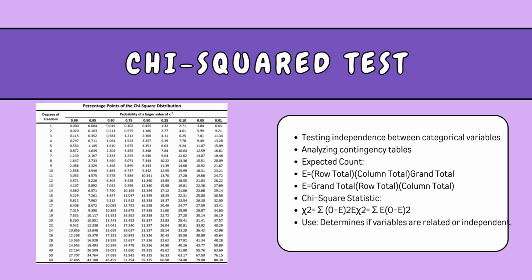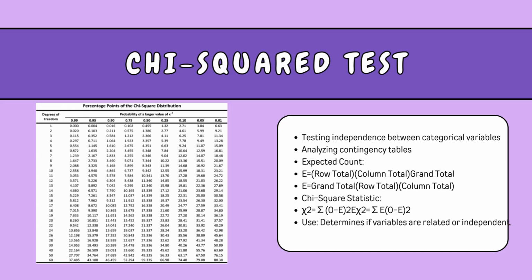So, really quickly, the chi-square test is also something that we learned alongside the hypothesis testing, and regressions and correlations. Overall, chi-square tests are usually used to examine independence between categorical variables.